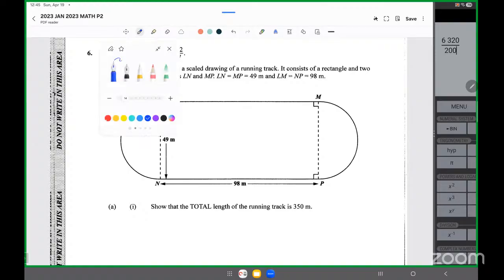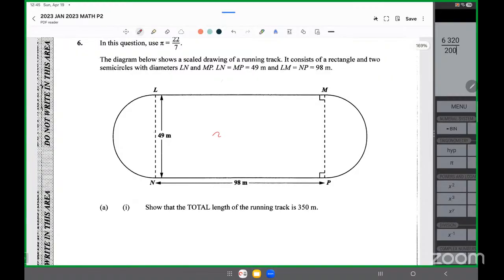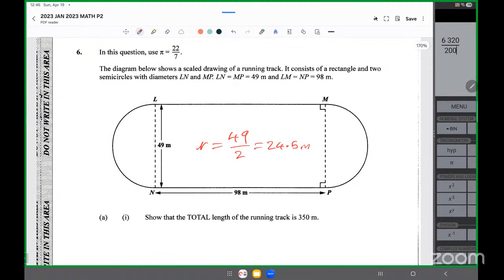I'm going to write down the radius, because I like to work with radius when doing circular measures. So the radius is 49/2, which is 24.5.